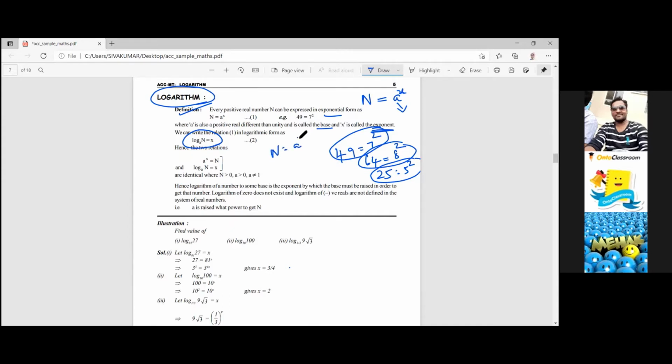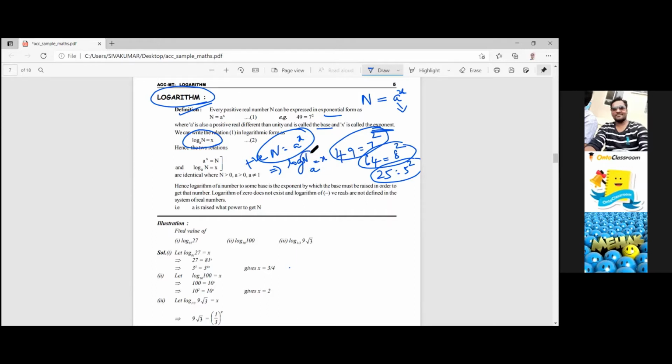Previously I told that n is for some number, so it may be a real number. n is only for positive numbers, so it should not be negative. And a is the base and x is the exponent. This form we can write like this also: log n base a is equal to x.